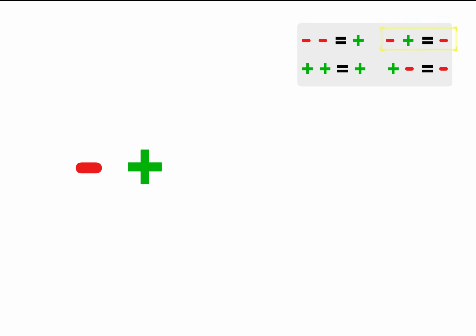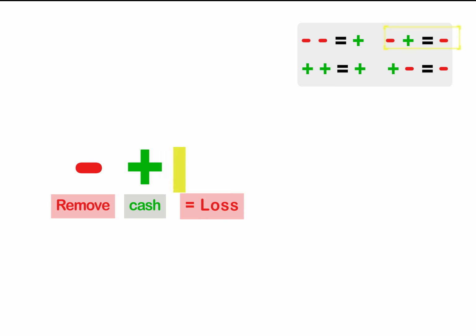So next we have minus plus. The first minus means remove, and what follows is a tag, which means cash. Remove cash. Now think about an action of removing cash. It is a loss. If cash is removed for you, it means you are losing.